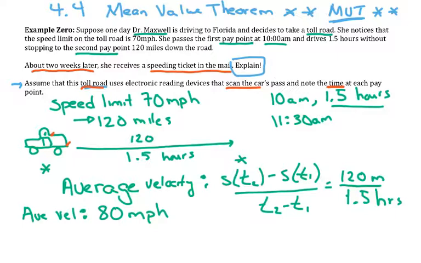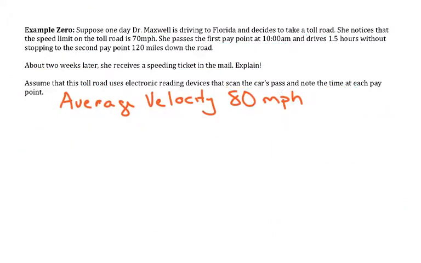Okay, so what does that have to do with the mean value theorem? Well, we know the average velocity is 80 miles per hour. The mean value theorem tells us this.